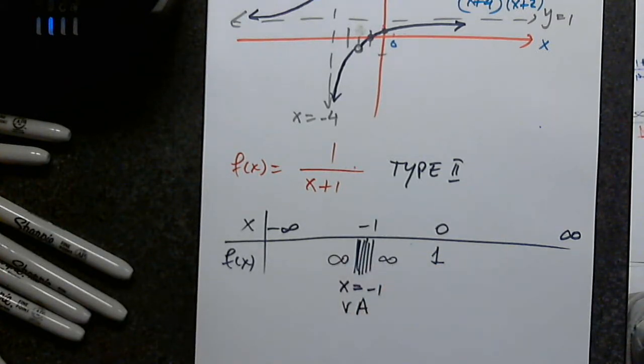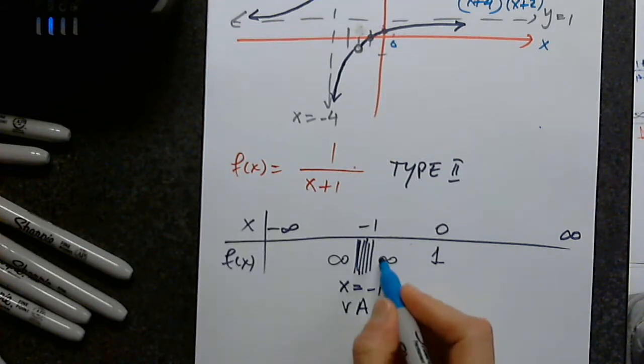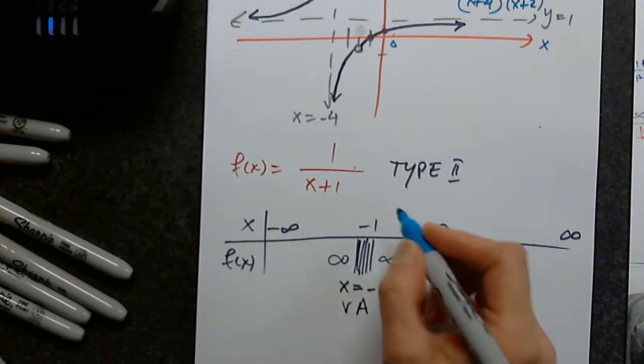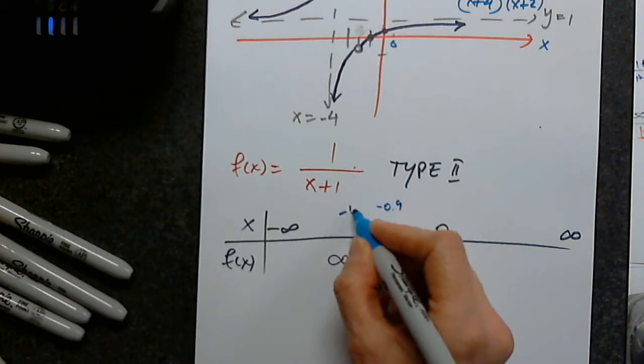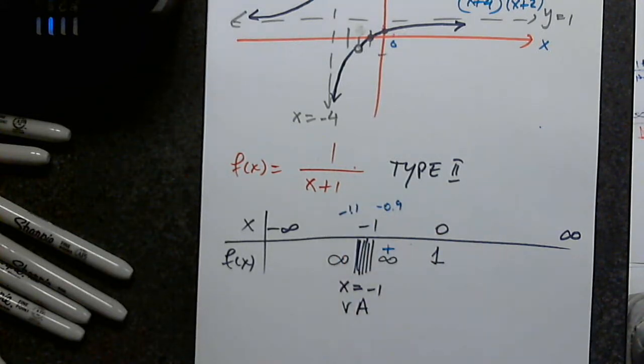Can anyone give us a sign of those infinities? On the right, with negative 0.9, negative 0.9, negative 1.1. Positive. And with negative 1.1, negative. Very good.